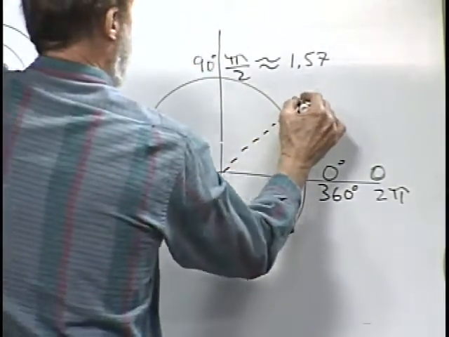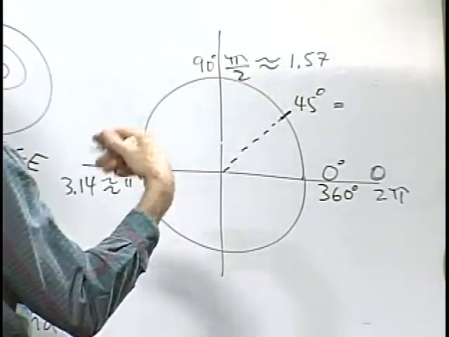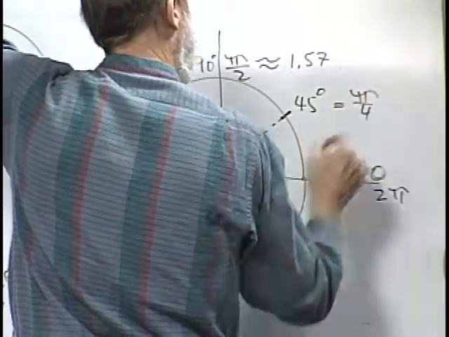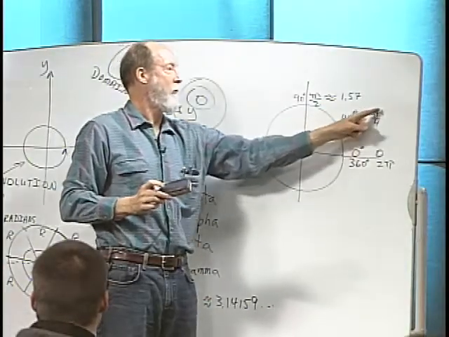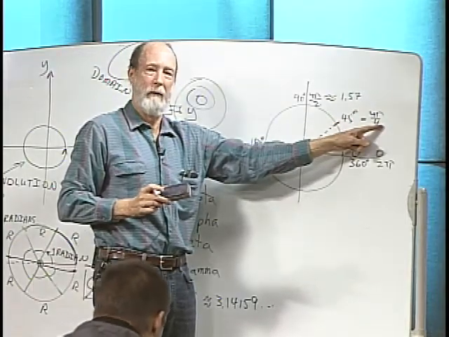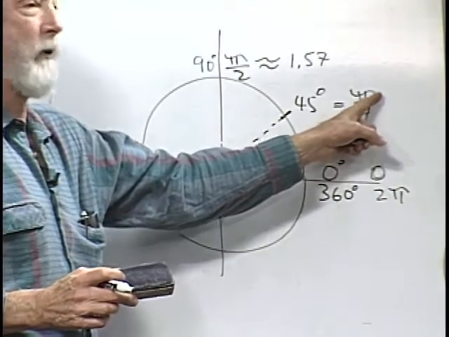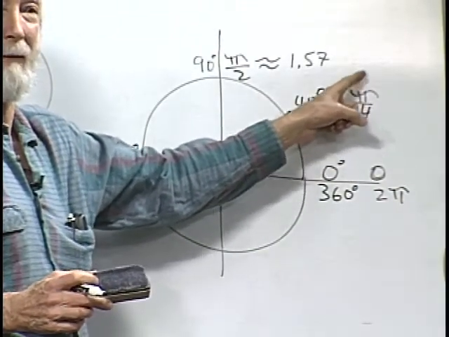Half of 90 is 45 degrees, and half of pi over 2 is pi over 4. So 45 degrees is equivalent to pi over 4 radians. That's a little bigger than 3/4, isn't it? Everybody see that? A little bigger than 3/4 in value?